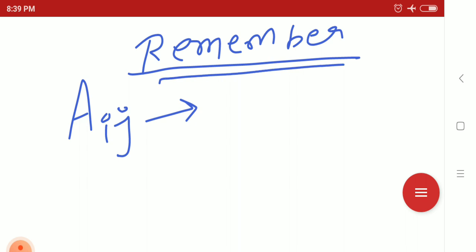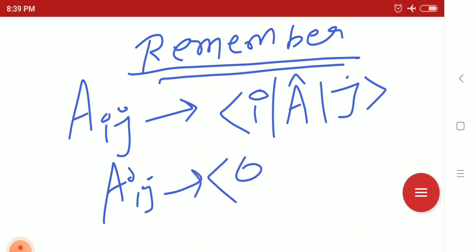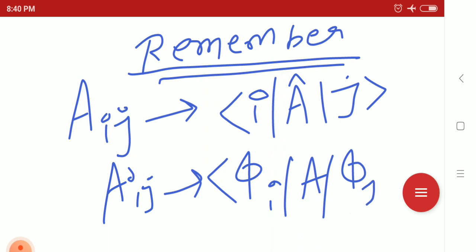The element A ij can be written as bra i A ket j, or you can write it this way also, bra phi i A ket phi j.